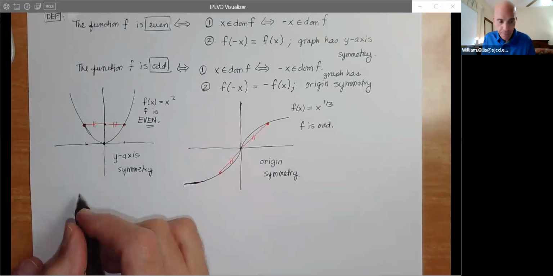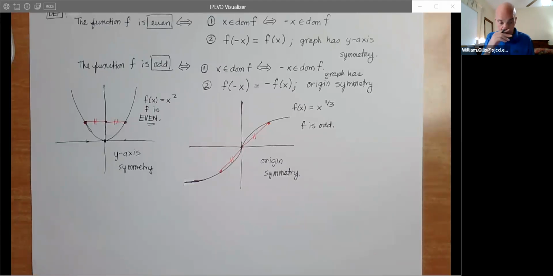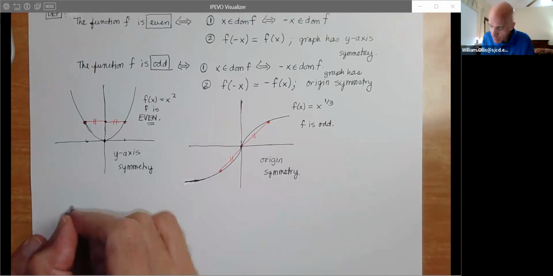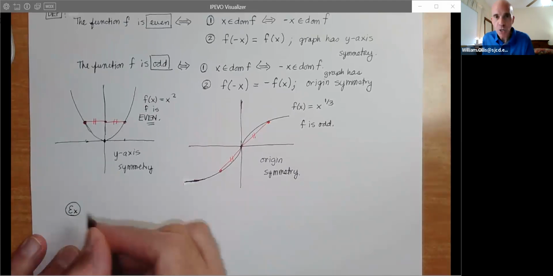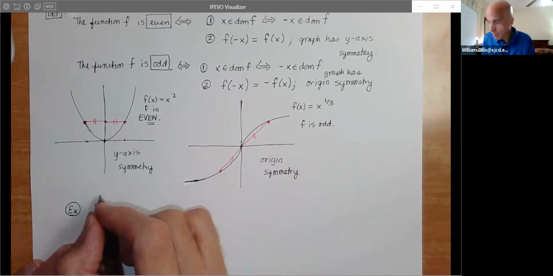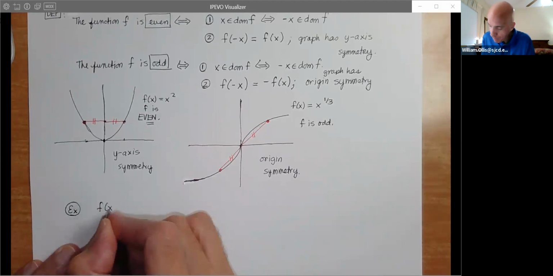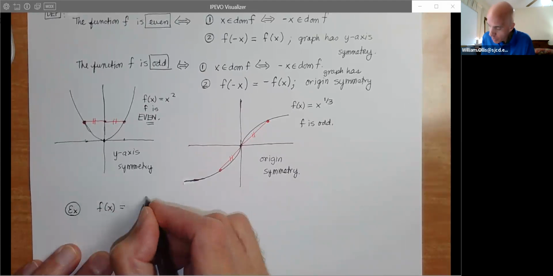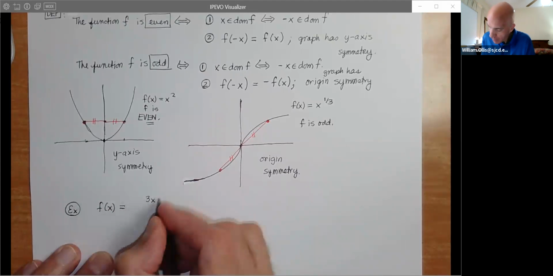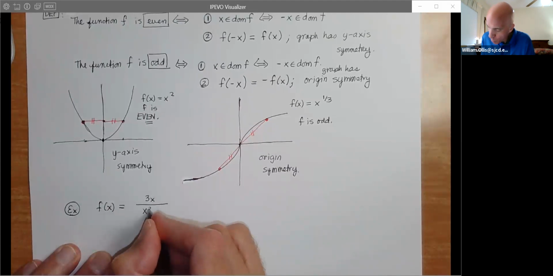Now, here's an example. For instance, say you have this, and then we'll talk about some function algebra. But that's what we're doing, right? So say we have f of x equals 3x over x squared plus 1.